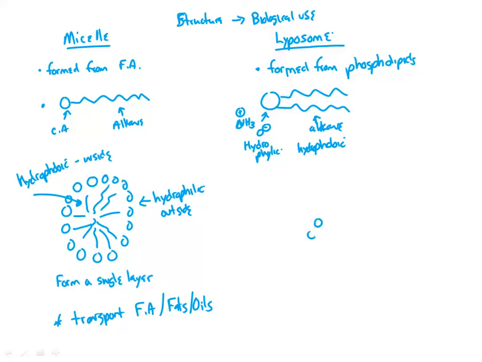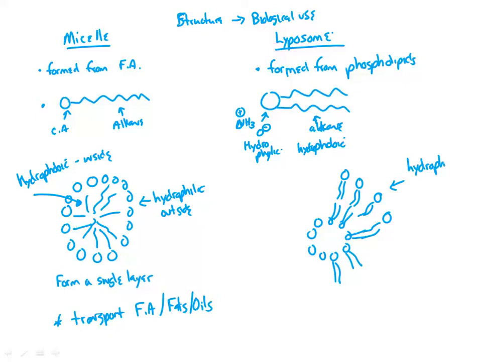So we've got an inner layer like this, and these are all pointing out. And then we've got an outer layer where all the tail groups are pointing in. And I'm not going to draw the whole thing, but what we get is a hydrophilic outside again. We get a hydrophobic middle layer.